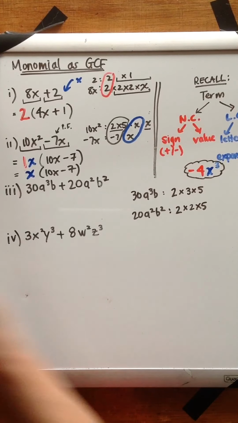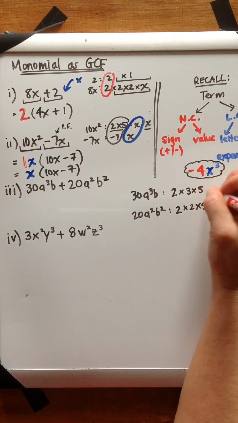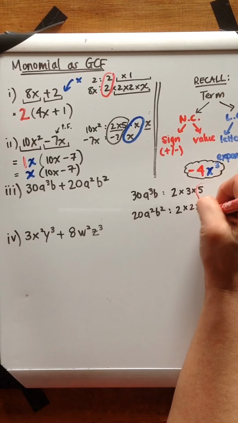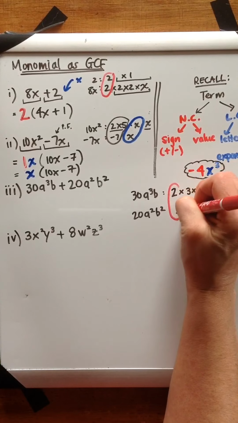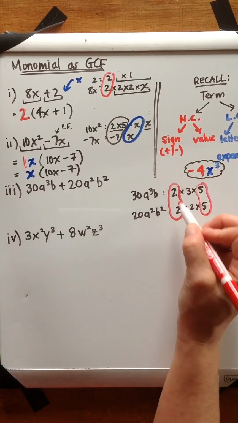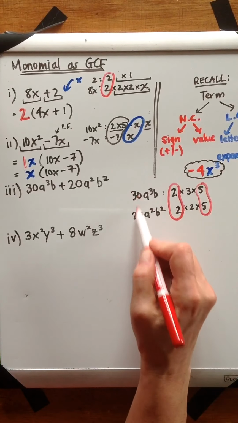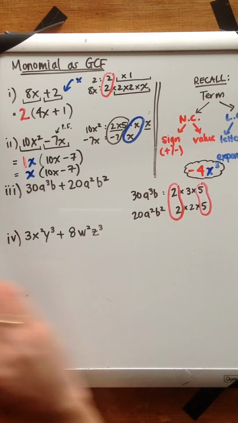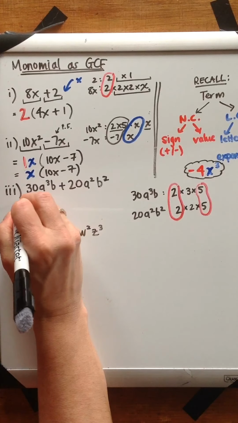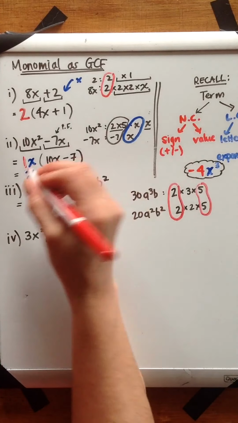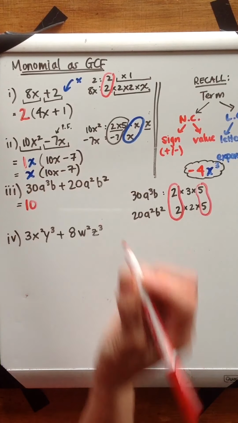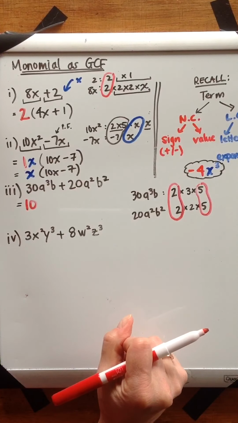So clearly, from a numerical GCF, I can see that they have a 5 and a 2 in common, or a greatest common factor of 10 if I'm only looking at the numerical part. So let's write that out in front here. The GCF between these two has a numerical piece that is a 10.